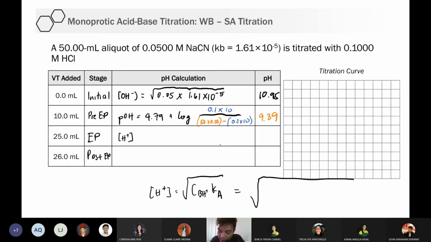And we know earlier that the equation for the concentration of the conjugate acid is MAVA over V total. Yan yung equation for the conjugate acid concentration. And for the Ka, that can be calculated from Kw divided by Kb. So we will plug this into this now. Plug in natin yung mga yan.